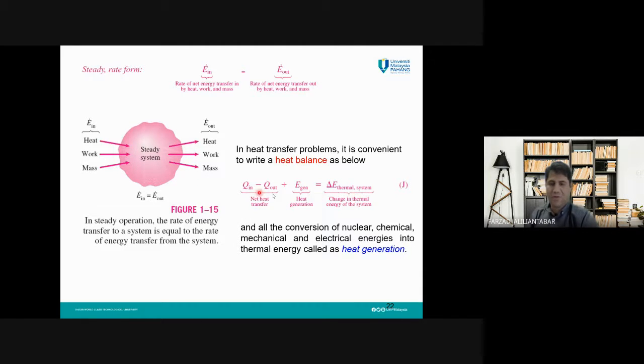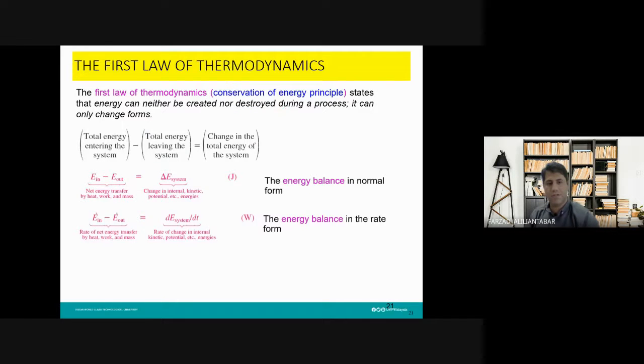This is not rate form. This is a normal energy balance. And let me write some detail about that. E in plus E out is equal to delta E of the system, this equation.